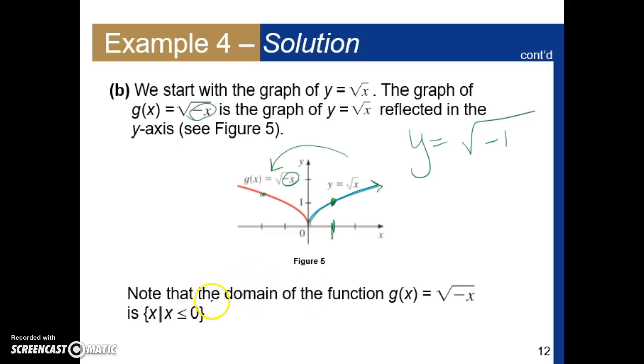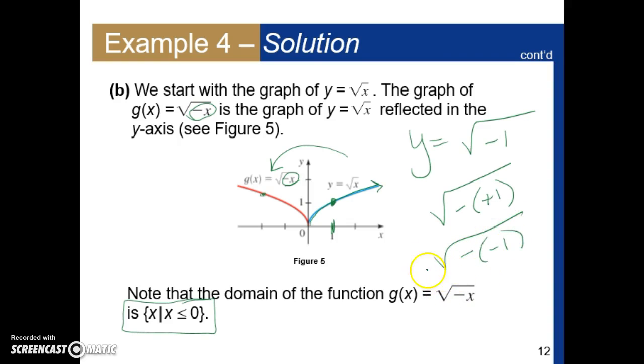Now, the one thing that we'd have to worry about is that we could not put positive values in here. We couldn't put the negative of +1. We're going to have to put the negative of -1 in there, right? So that's why this is saying the domain of this function is all negative values up to and including 0.